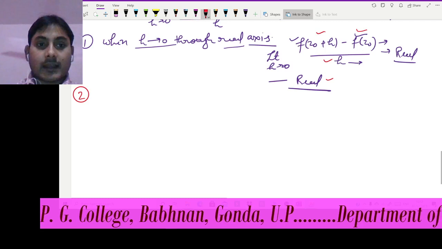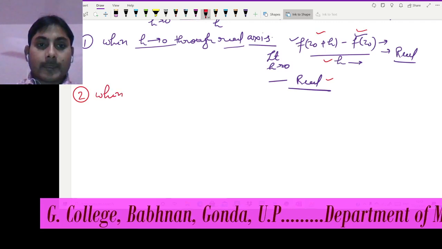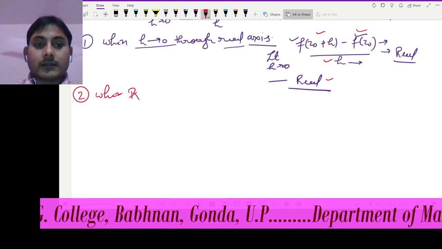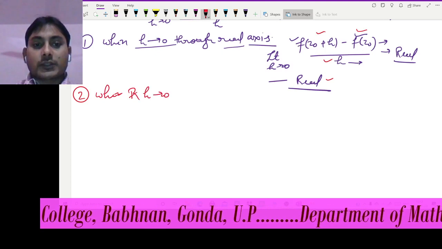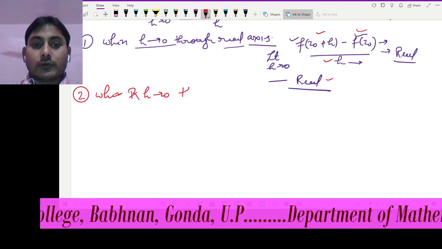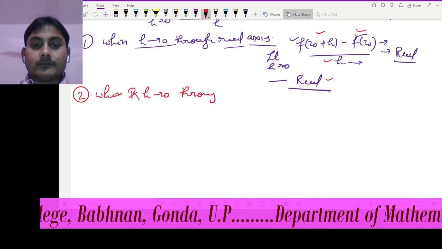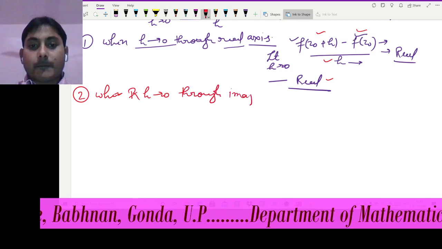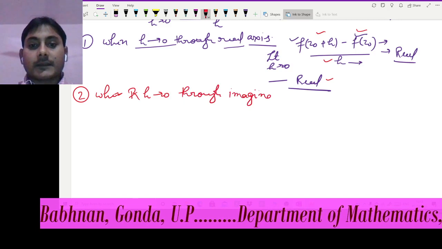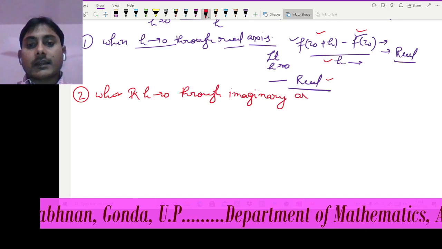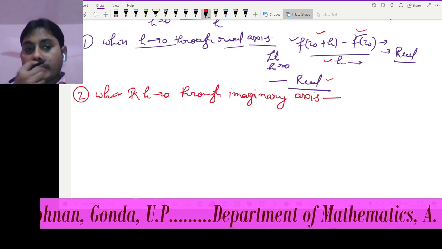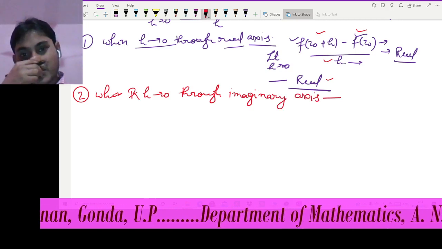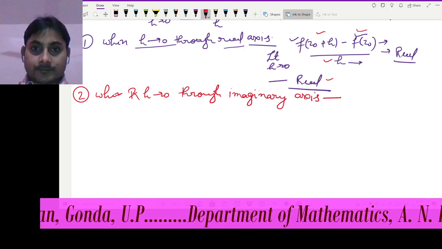Case second says that when h is approaching 0 through the imaginary axis, when h approaches 0 through the imaginary axis.